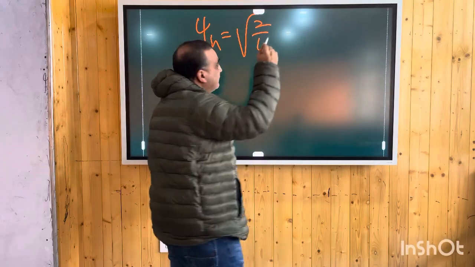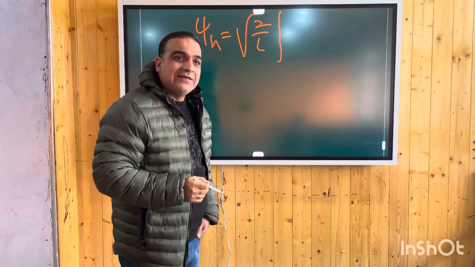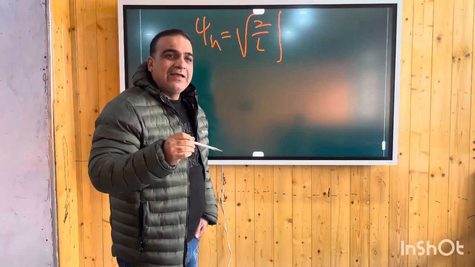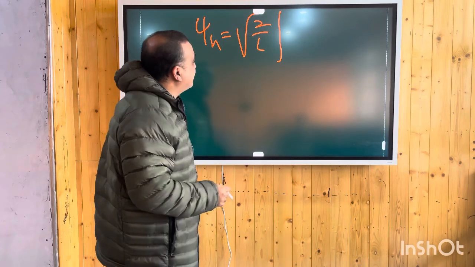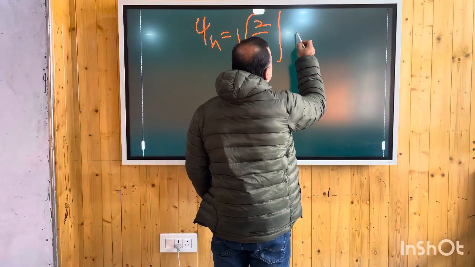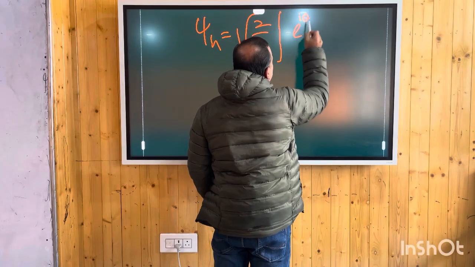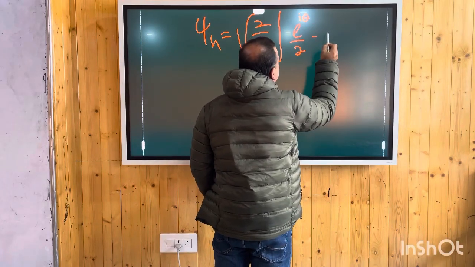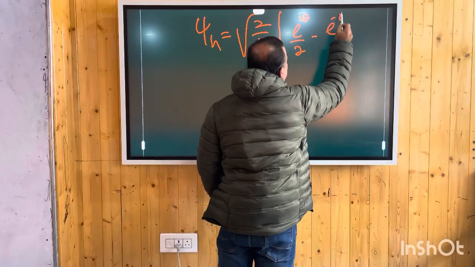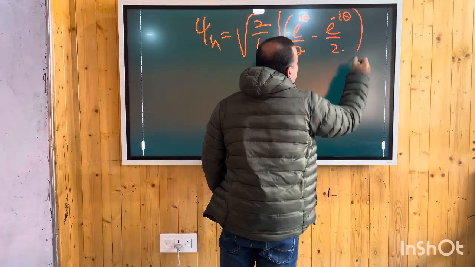Okay, then you have some integral. Then you have what? Sine n pi by L times x. And that I can write as e to the power of i theta by 2 minus e to the power of minus i theta by 2. I'm not going into the actual domain here.